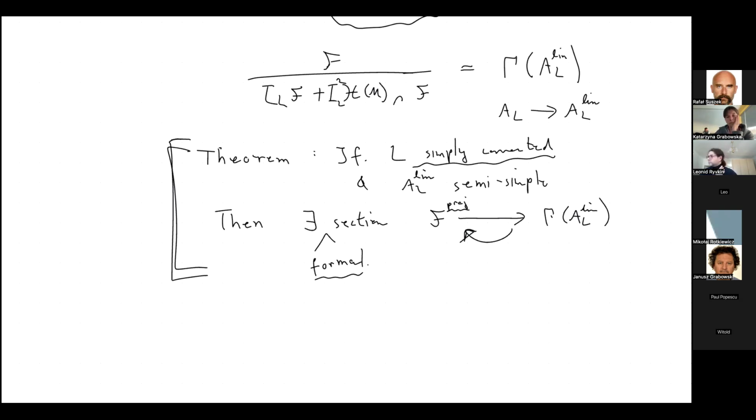Meaning you can answer the question when a structure on the total space is a pullback by the surjective submersion of a similar structure on the base. You're constructing a simplicial object over the nerve of the surjective submersion, and then you know that this is the case. Is there anything you can say about that in this very general framework that you painted?